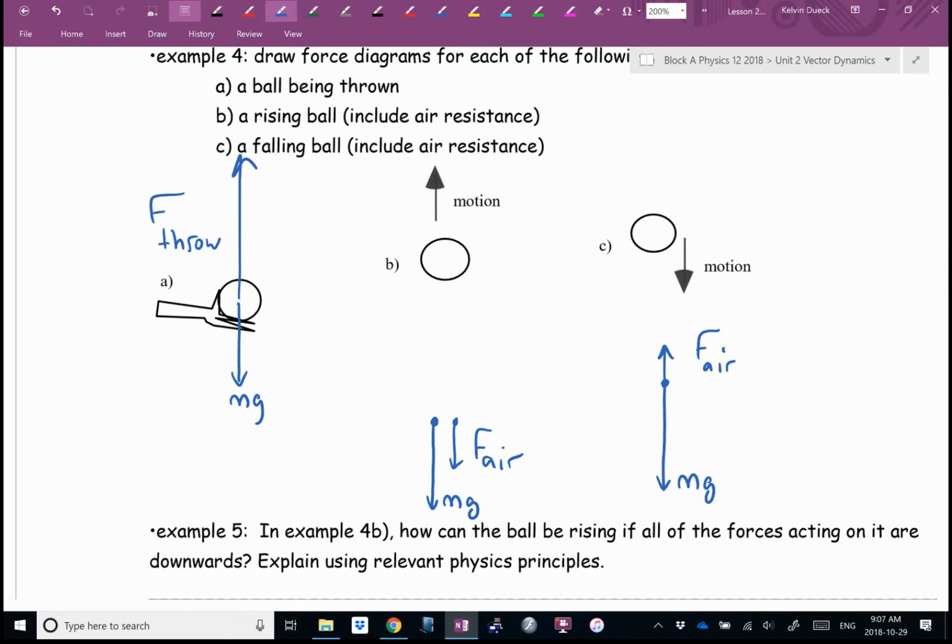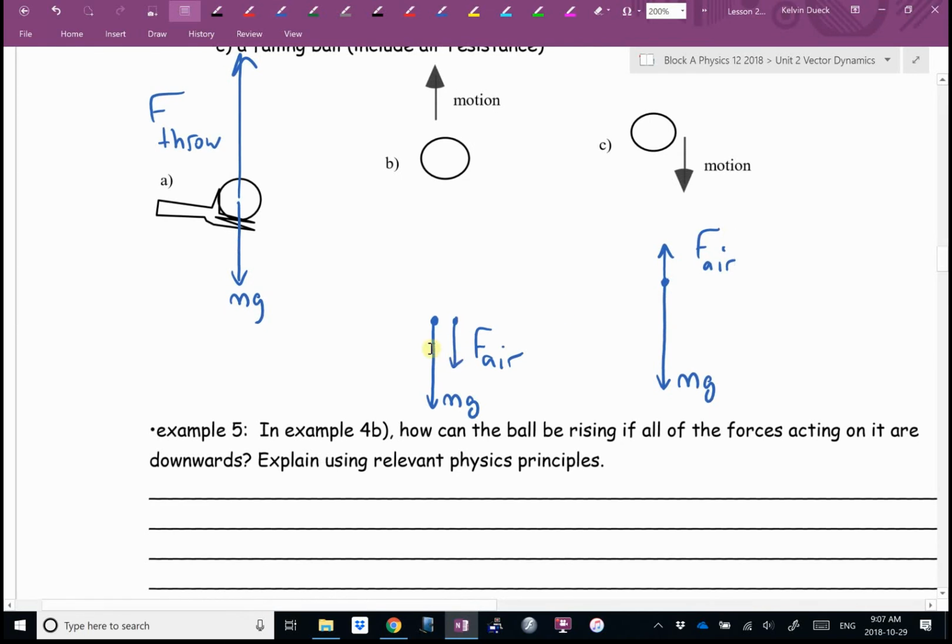Oh, but here's a question. In 4B, how can the ball be rising if all of the forces are downwards? That's a good question. Thomas pointed this out. How can the ball be rising if all the forces are downwards?